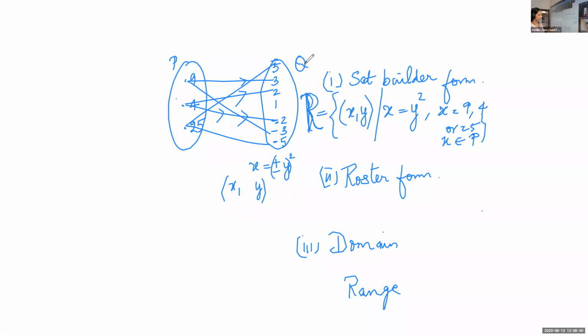Now, can you give the elements in roster form, Dia? In roster form: 9, 3.